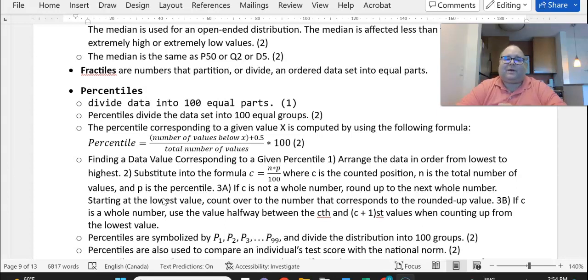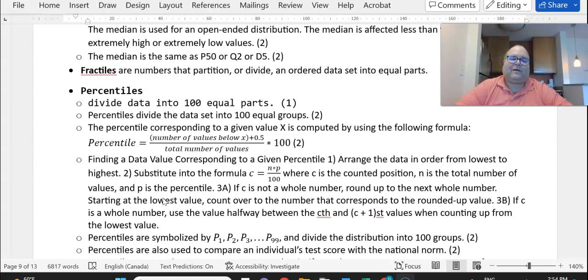Then each value has some fraction of the values below it up until you get to the top. To find the percentile, you count the number of values below the value of interest, add half to it, divide by the total number of values, and multiply by 100.